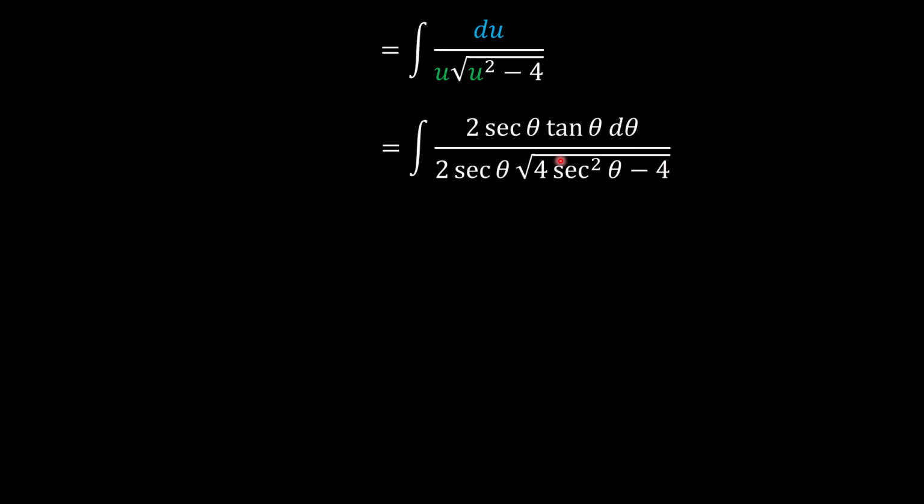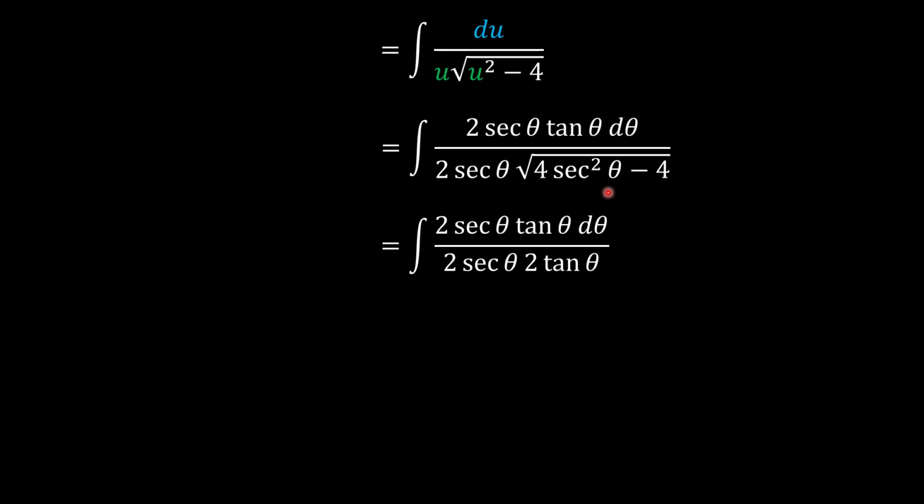Now, even before we go ahead, we can pull the 4 out so that we are left with sec squared theta minus 1 under the square root sign. Using the trigonometric identity, sec squared theta minus 1 is tangent squared theta, and the square root of that is tangent theta.